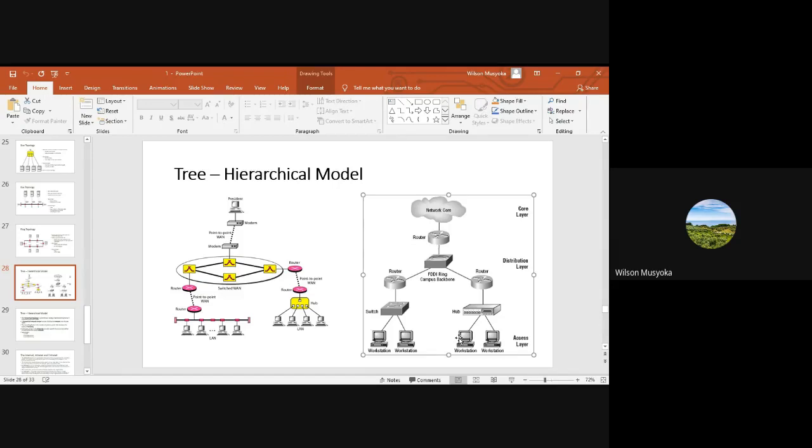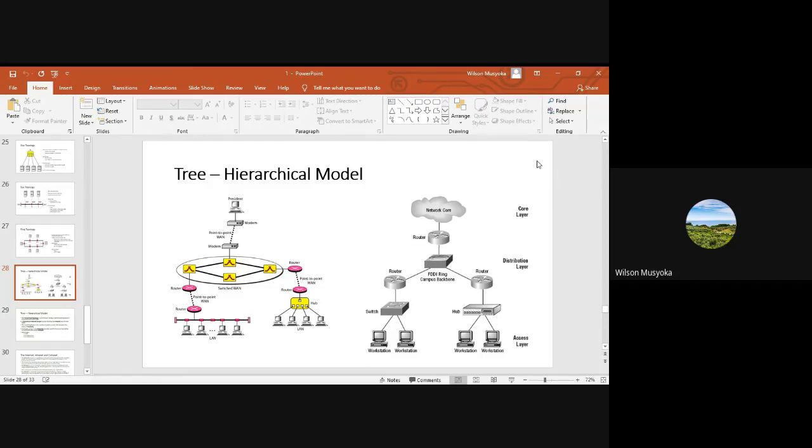In the distribution layer, you find different service providers and different types of network architectures being set up there, and they enable creation of what we now call the internet, different service providers connecting to the backbone of the internet. And then the core layer is where you find the entire internet. So it is a hierarchical setup which enables devices or users to connect to the network with ease. And that is how the internet is normally made.